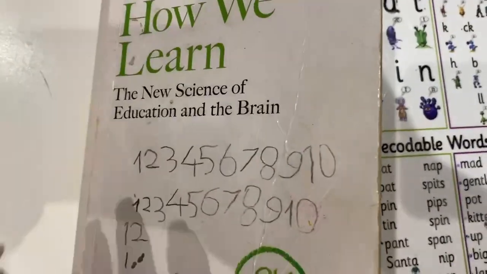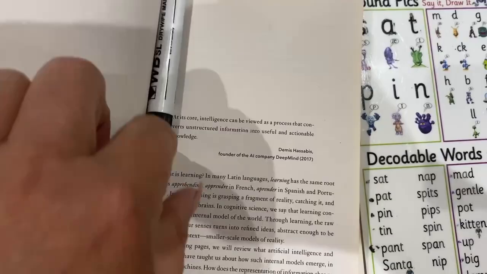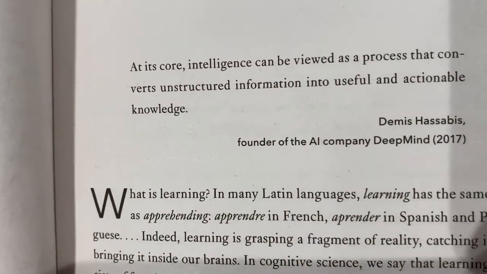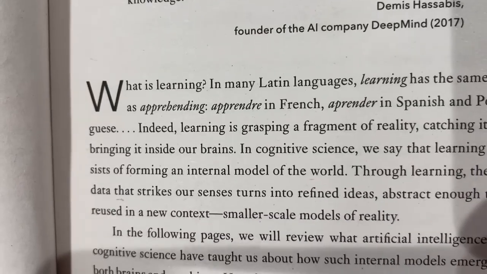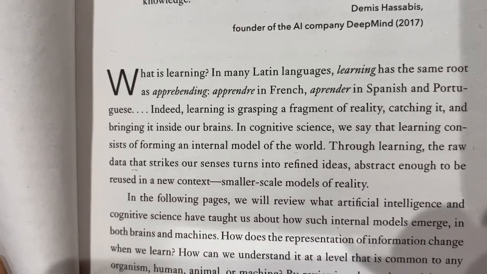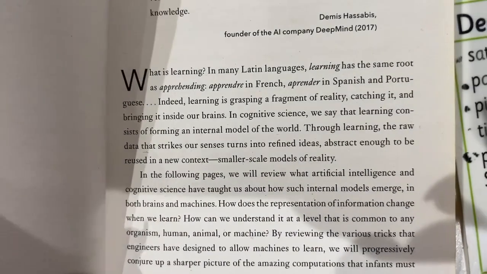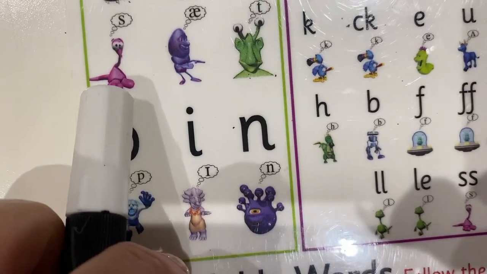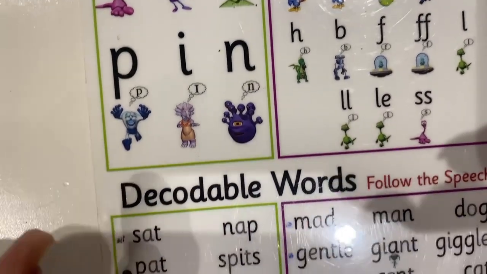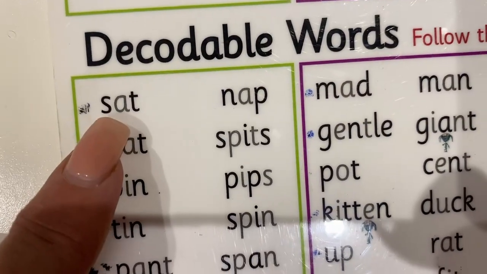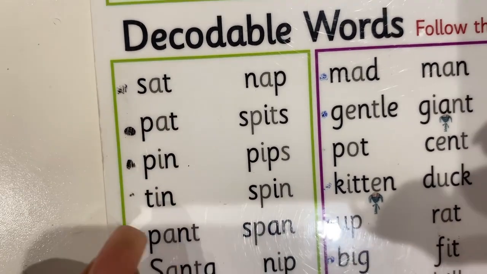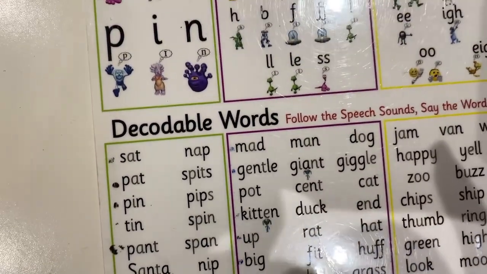So if an alien was to come down and say, how on earth do people know how to look at these funny squiggles and to know what the words are and to understand? This is what I'd say. We start off with just a few of these speech sound monsters. Sat, kitten, and then we can follow the monster sounds to say the word even when the monsters aren't there, and we build it up.